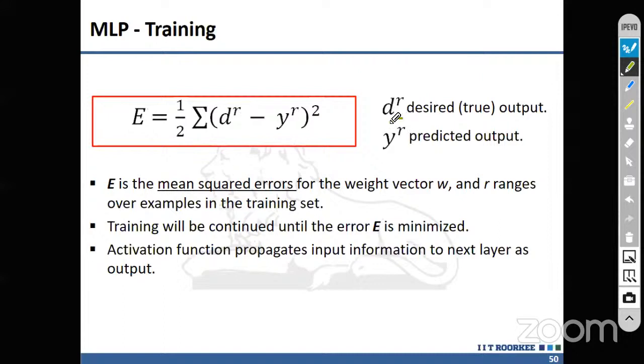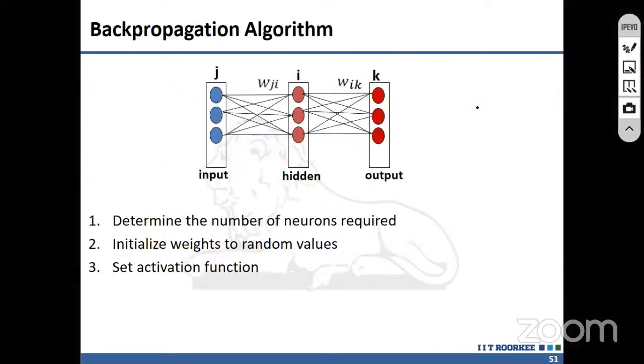If I have 100 examples, I'll do it for each of these examples and divide by 100. That actually comes as the mean squared error. That means whatever the error is, I square it, and then I do a 1 by n. That's your mean square error.